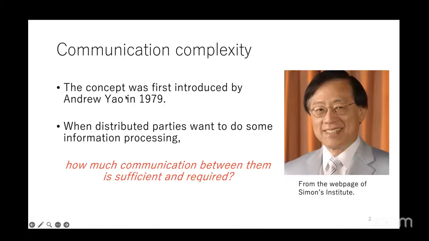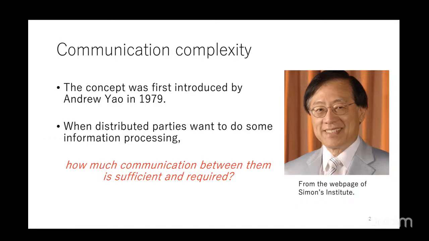My talk will be based on communication complexity and quantum fingerprinting, which has some overlap with Harumichi's talk yesterday. So let me quickly remind the basic concept.